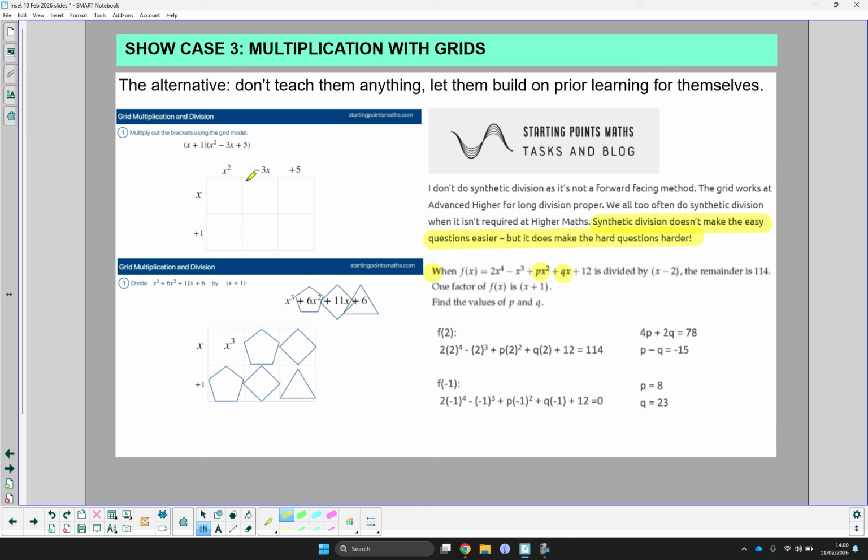The task I would use is this on the left here, where you would start by multiplying out some brackets, and this would be a bit of revision from National 5, because our Nat 5s would have done this in the maths course.